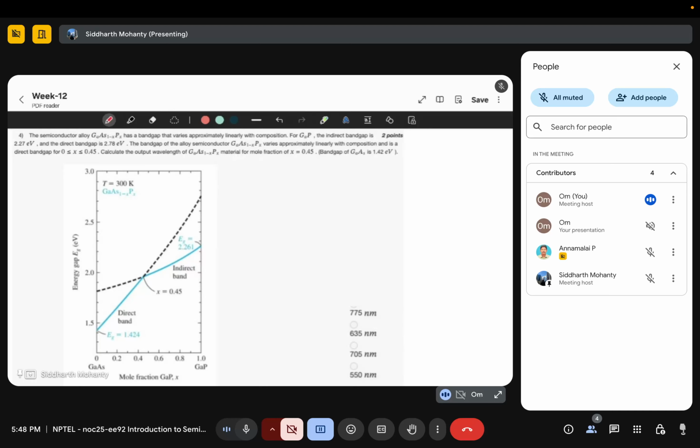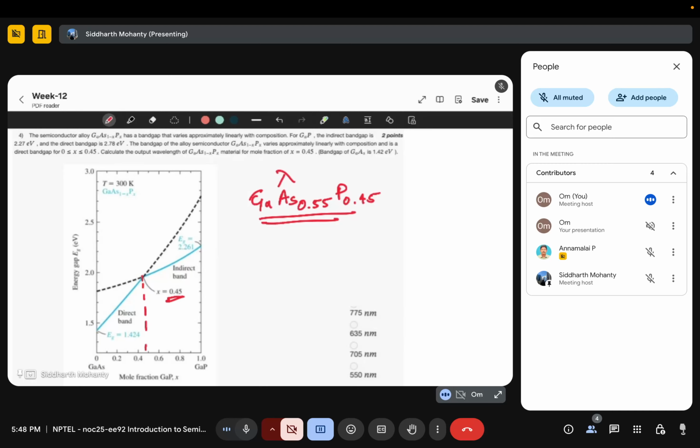Okay, so we have to find the wavelength for the material GaAs 0.55 P 0.45, from this graph. You can see here is the x equals 0.45 line.